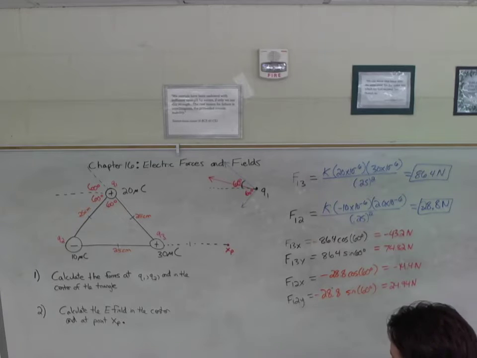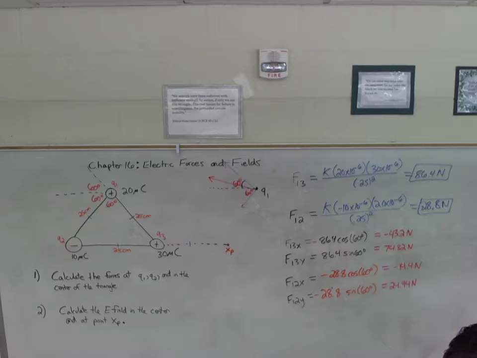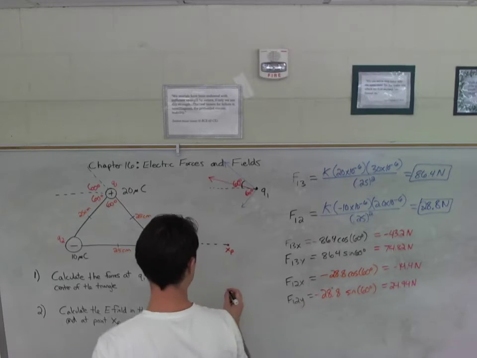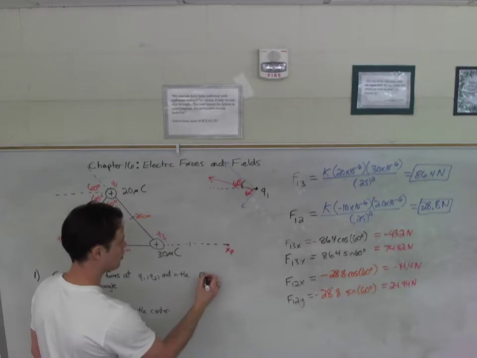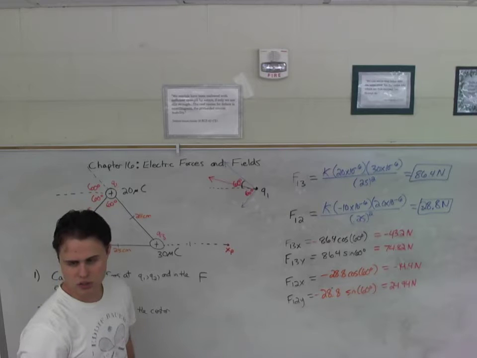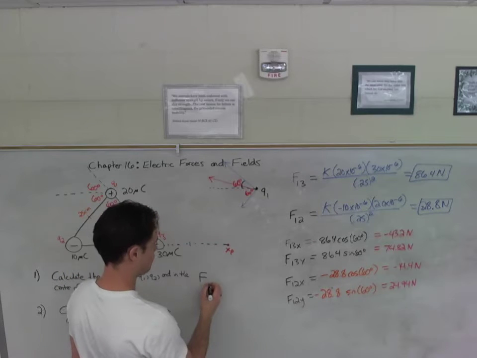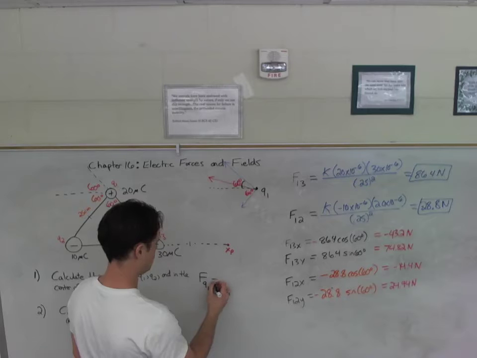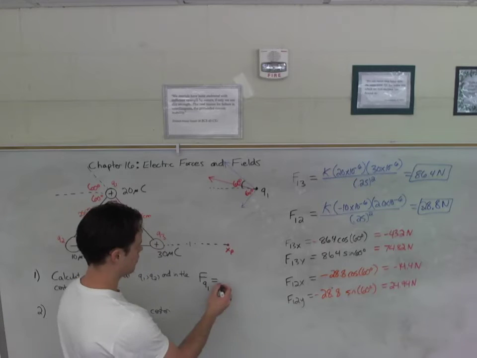So, how do we get our final answer? We've got everything we need. Just got to use those numbers, combine them. How are we going to do it? Just like you would do with that sum. So we just say the overall force that we're experiencing at this point is, you could even write them out in vector notation first if you wanted to. I could, right? It's not really necessary.